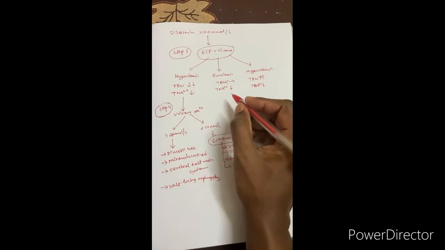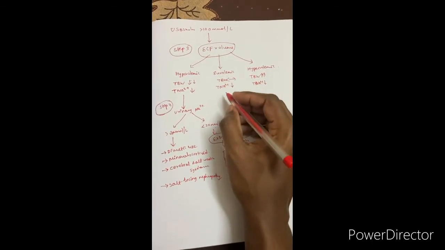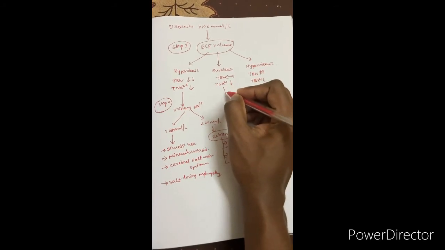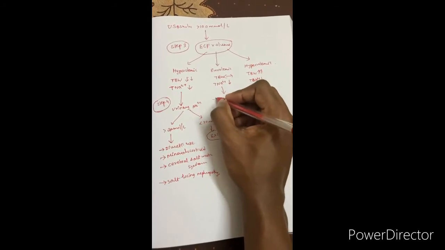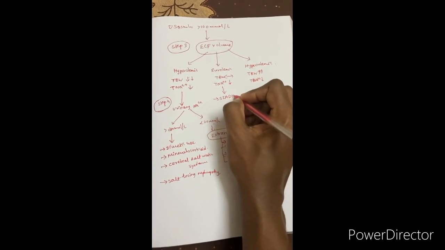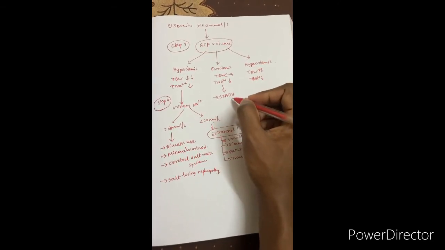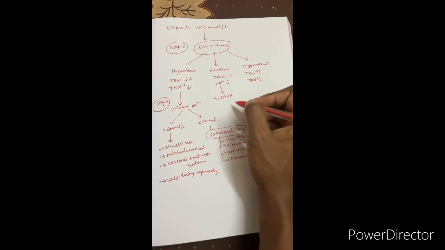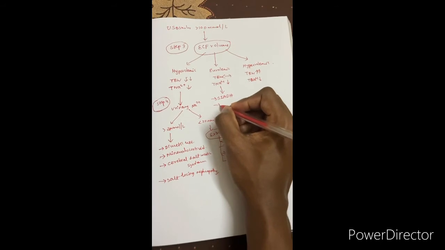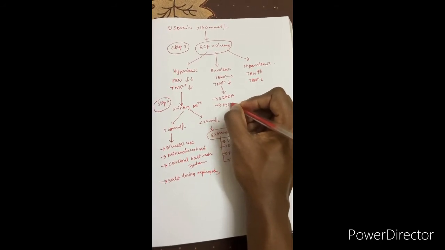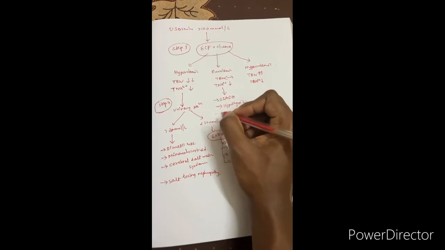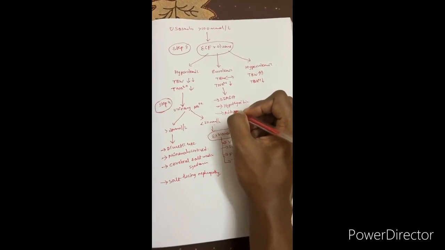Suppose the patient has euvolemic hyponatremia: the total body water volume is perfectly normal but the sodium concentration is decreasing. Then there may be causes like SIADH, syndrome of inappropriate antidiuretic hormone secretion. What will happen in this condition? The ADH secretion is inappropriately more, so more water absorption will be there and dilutional hyponatremia can result. Or the patient has hypothyroidism, or hypoadrenalism, that is Addison's disease.